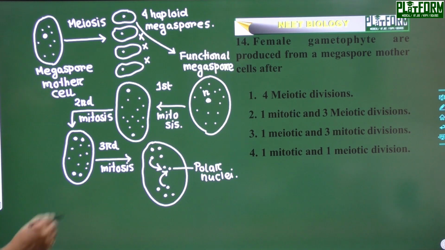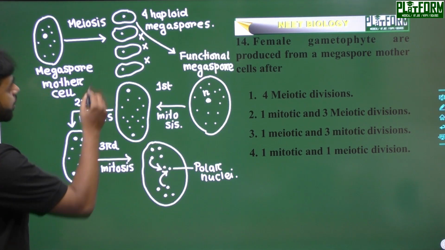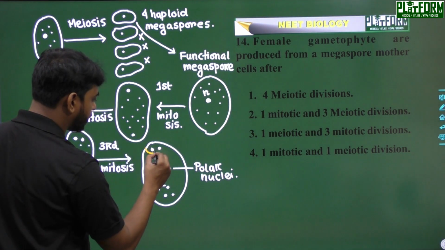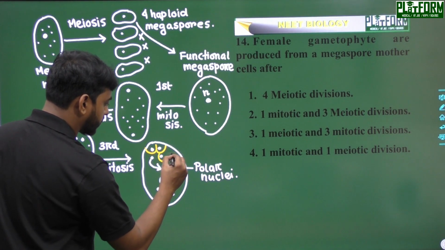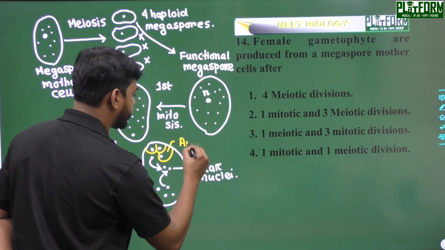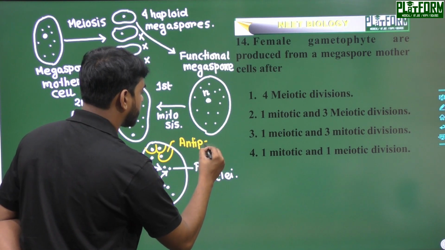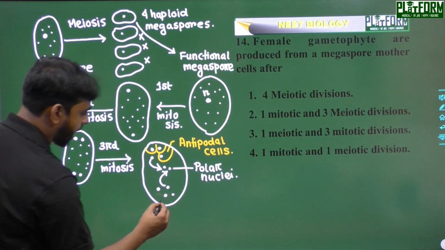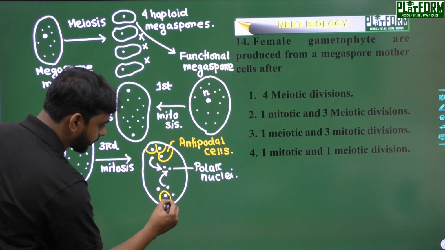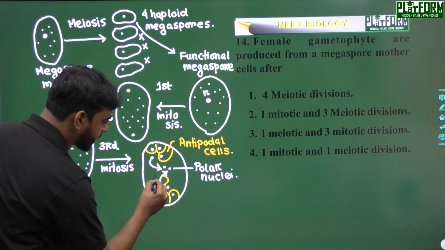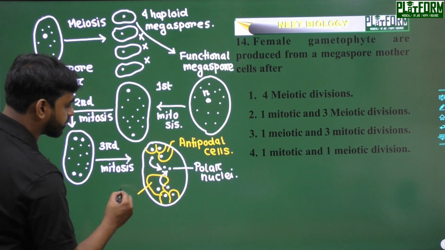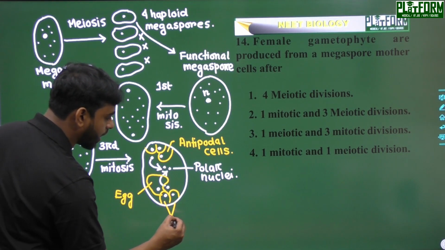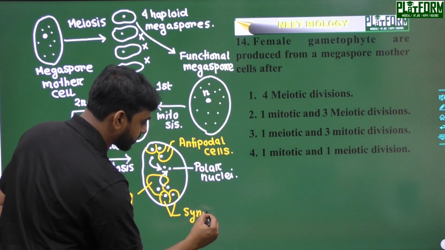Okay, and the remaining 3 nuclei at each pole now get modified into 3 antipodal cells, and at the other pole, these 3 are modified into 2 synergids and a single egg cell. This one is the egg cell and these 2 are the synergids.